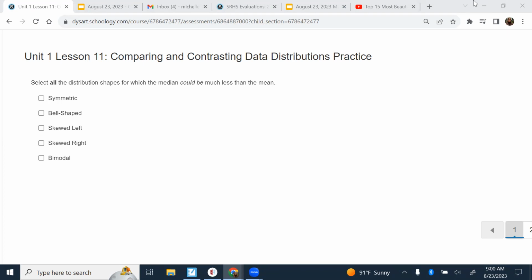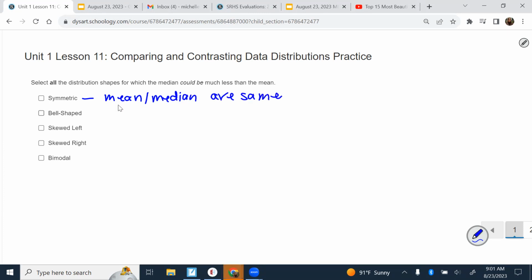So when the data is what, you would expect the mean and median to be the same. So what shape would we expect the mean and median to be the exact same? When it's symmetric, so mean and median are the same.